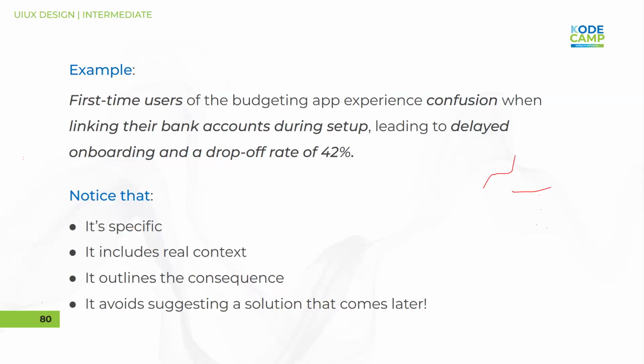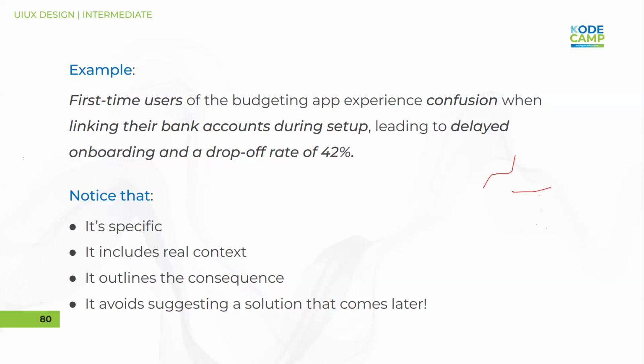Users might have loved it, but in the process of trying to use the product, they feel there is a delay, or they feel confusion, or there is a bad experience, and they drop off to about 42%. That client will not be happy.